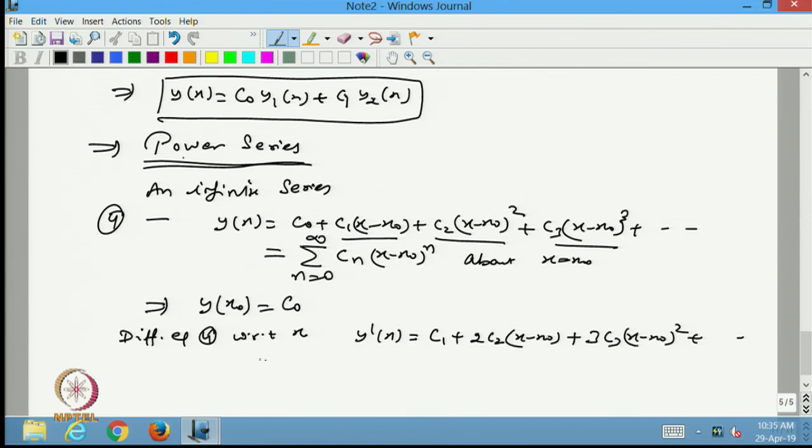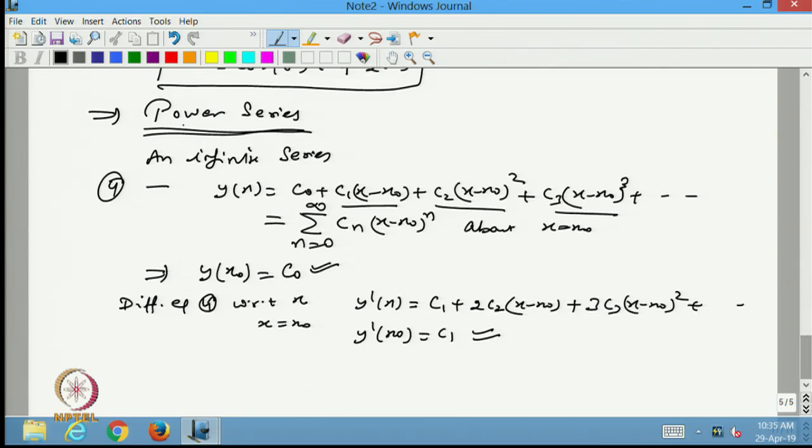Now putting x equal to x naught, I will get y dash at x naught equal to C1. So, from here I am able to find C1 and C0. To find the value of C2, I will take one more differentiation of this equation, and then I will get C2, C3, and so on.